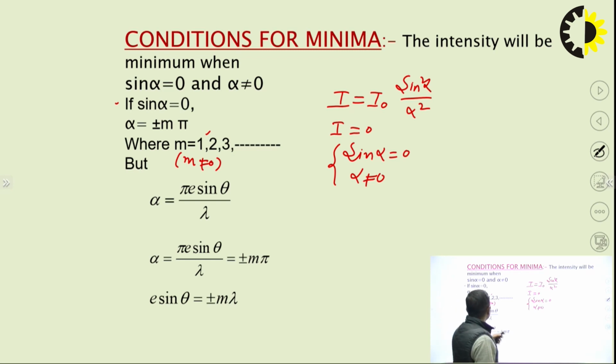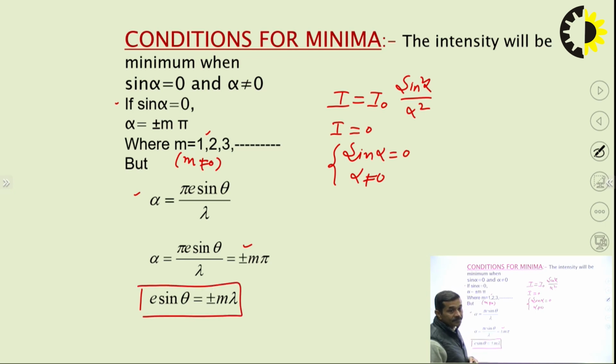Now for the equation of the minima, we know alpha equals pi e sin theta by lambda, and this alpha is plus minus m pi. If we equate them, we get e sin theta equal to plus minus m lambda. This is known as the condition for the minima.